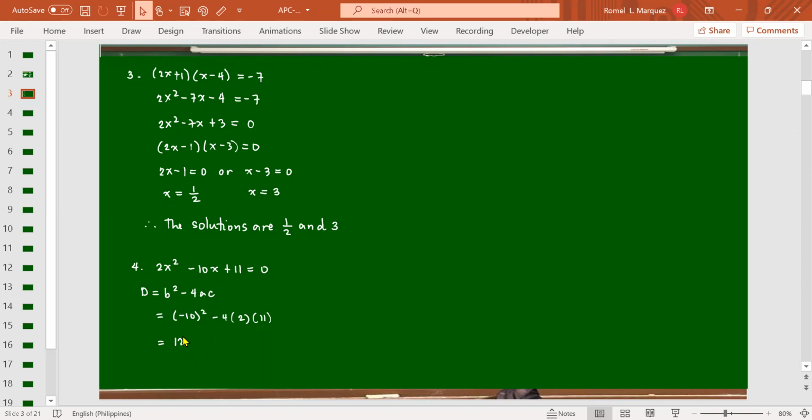So it means the left side, 2x squared minus 10x plus 11, is not factorable with integer coefficients. So therefore, we cannot solve it by the factoring method.